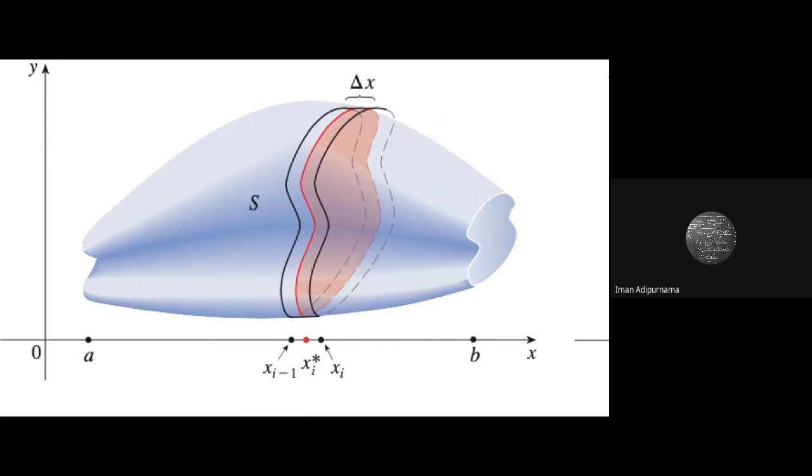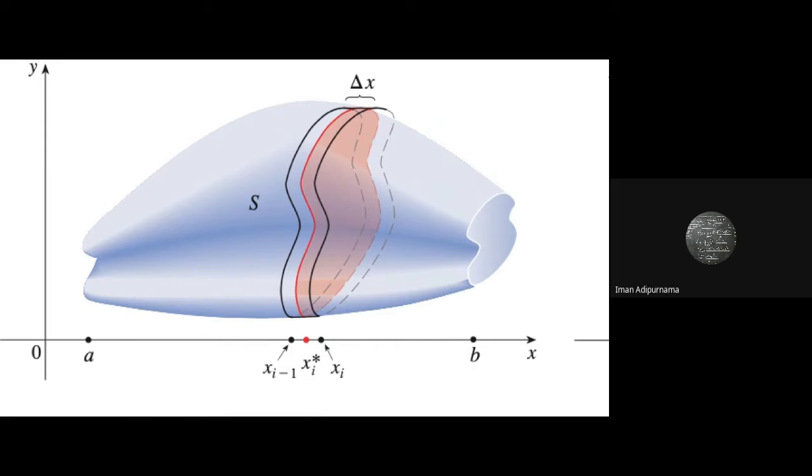Let's say our thickness is delta x, and we have sample points, x_i, a sample point there.